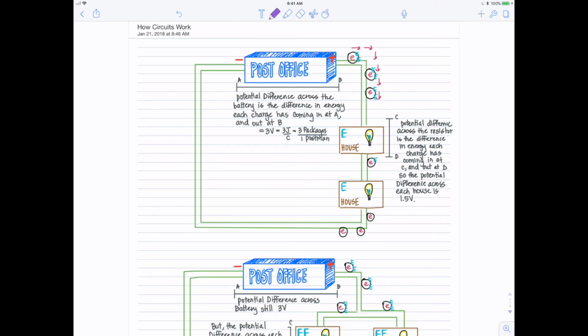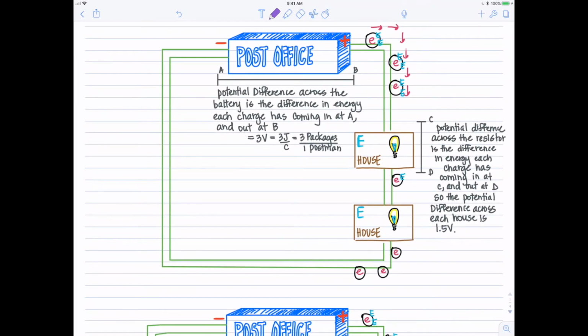Now the postman is a fair postman. If he sees two houses that are the same, so in this example on our screen, if house 1 and house 2 have the same resistance, then he will drop off half of his packages at the first house and half of his packages at the second house. So you can see here we've got the postman on the route leaving with 2 packages each.